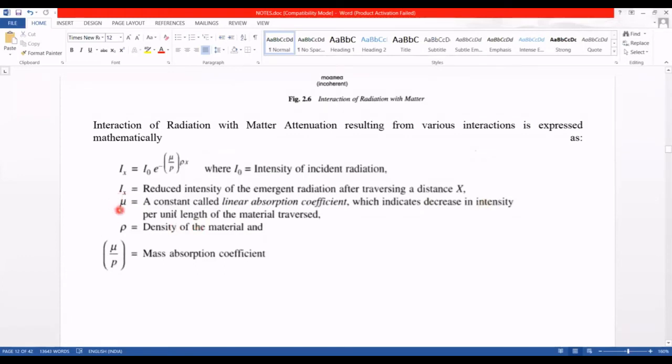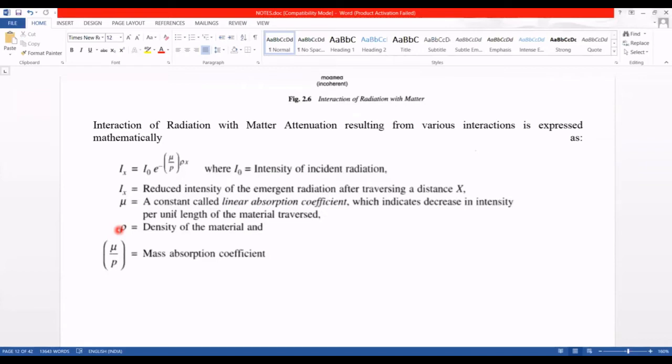This constant is called the linear absorption coefficient, which means how much intensity is decreased per unit length. And rho is the density of the material, because density also influences the attenuation. Penetration into a highly dense material is difficult compared with a low-density material. Automatically the intensity reduction is more in dense material than in less dense material.